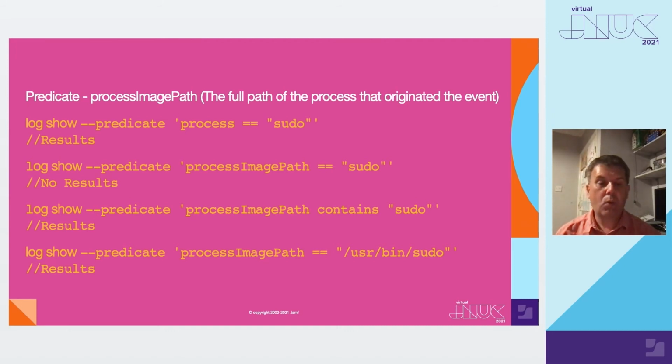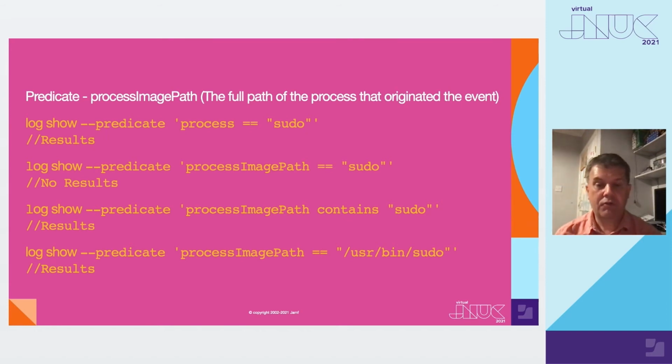Okay, so I've got some examples here. Some will work, some won't. The first example is using the process keyword. That's just looking for any logs that originate from sudo. If there are results, it will return them. The second example, we've got process image path equals sudo. That's going to fail because process image path is expecting an absolute path to where that process sits, and because it's double equals, it's an exact match, and we haven't specified an exact path.